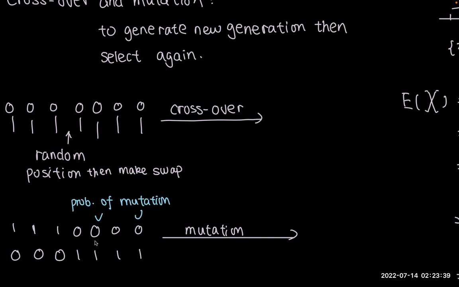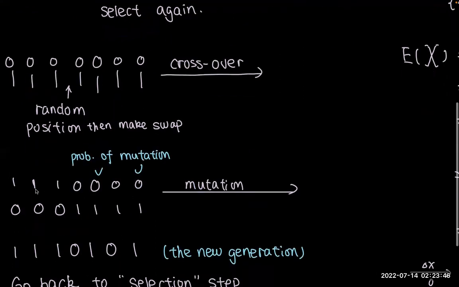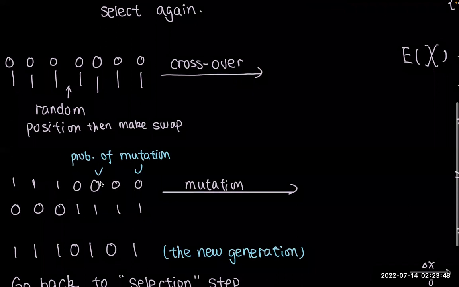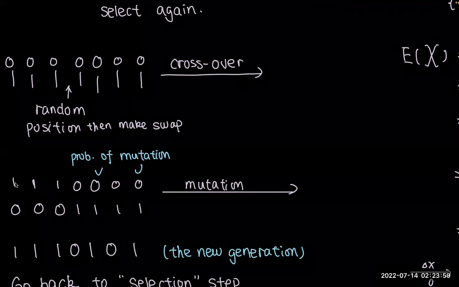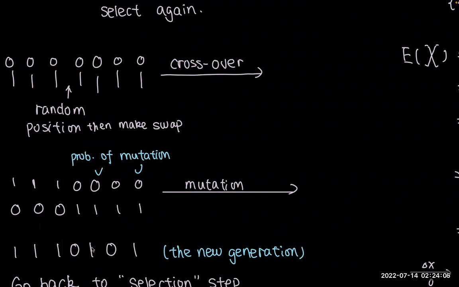So this is a crossover, and for each sequence we can then do the mutation. For example, let's focus on the top sequence. For each letter, we have a probability, say 5%, to flip it. Suppose we flip this letter and this 0 becomes 1, and we flip this one, this 0 becomes 1. So we get a mutated sequence.